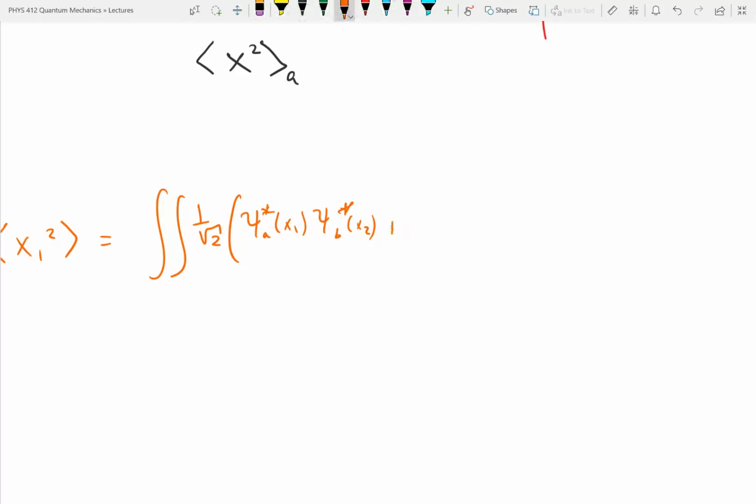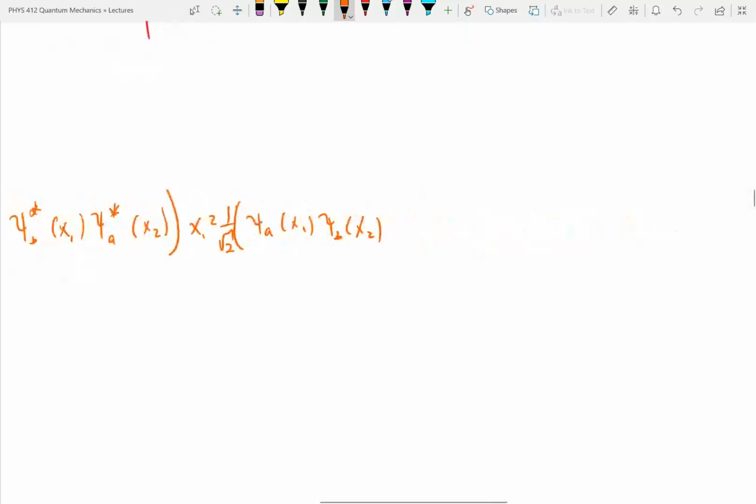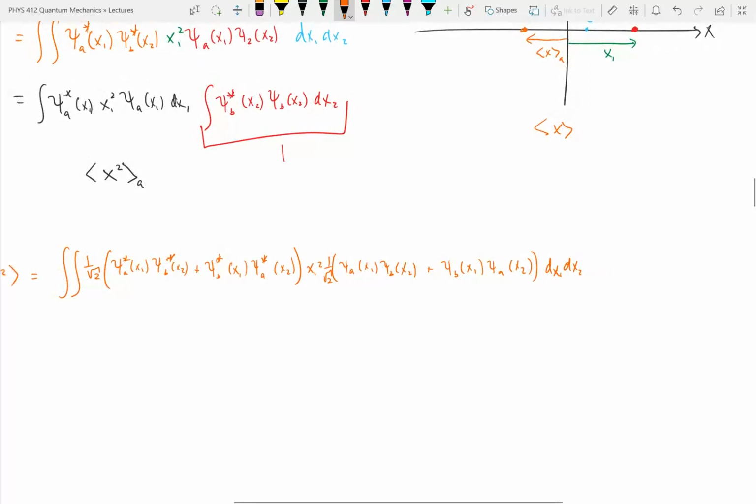x1 squared plus, that's a bigger integral.